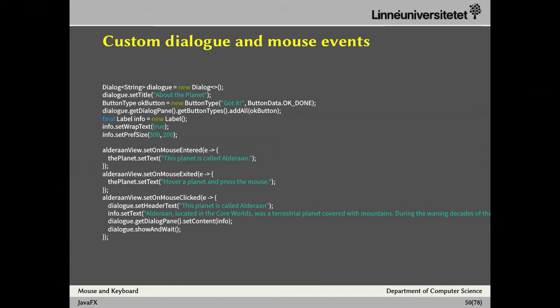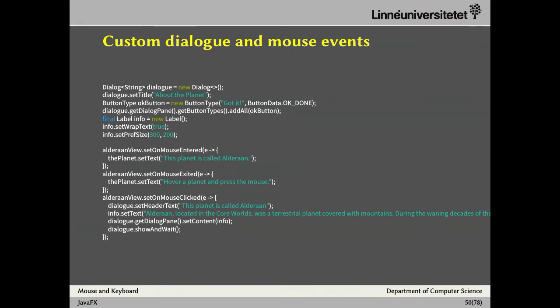And we add that to the dialog pane. And then we have a label with a specific size. That's the reason why I created my own dialog box, because I wanted this size of text that I could fill in. The other dialog boxes or the alerts would just show me parts of the text, but I wanted more text.